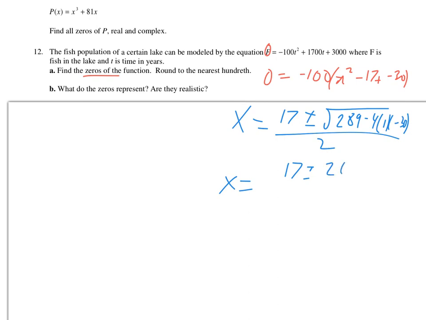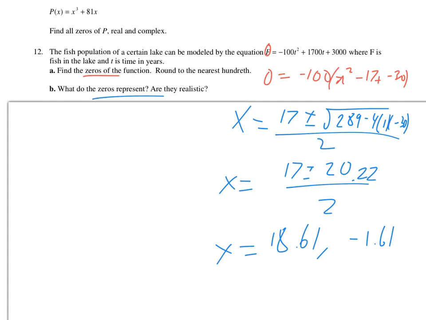It's going to give me 20.22 all over 2. And so if I actually calculate that out, 17 plus 20.22 over 2, it's going to give me 18.61. And then 17 minus 20.22 over 2 is negative 1.61.